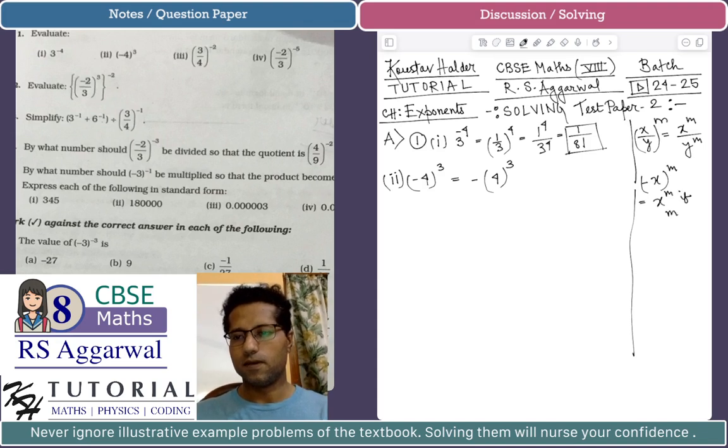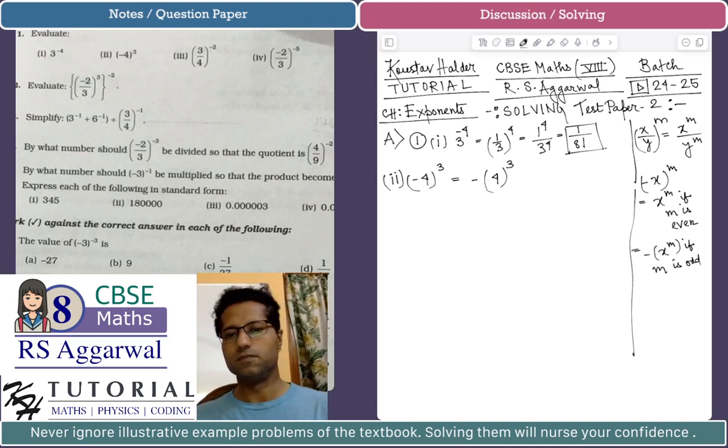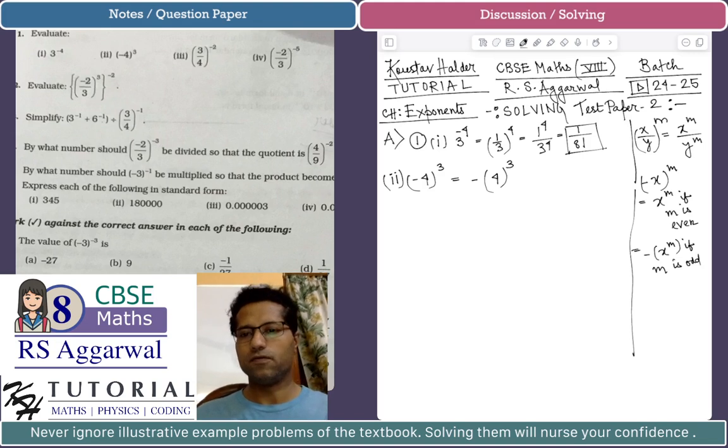And this will be equal to negative of x to the power m if m is odd. So in this problem, minus 4 raised to the power 3, 3 is odd, so it will be negative of 4 raised to the power 3, that is minus 64.